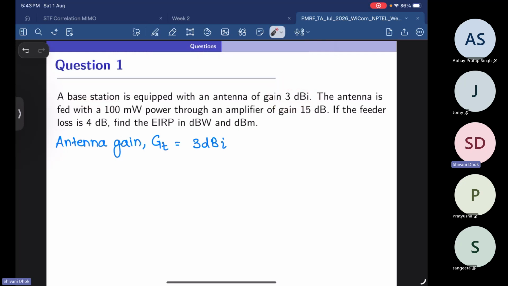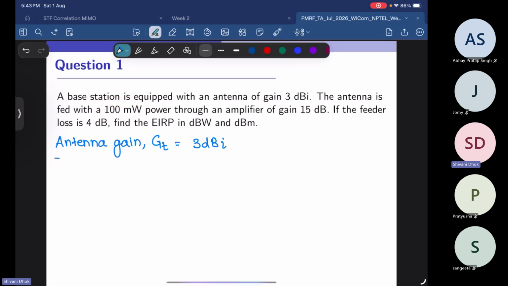The antenna is fed with a 100 milliwatt power. So the transmit power is 100 milliwatt, and this is fed through an amplifier of 15 dB.